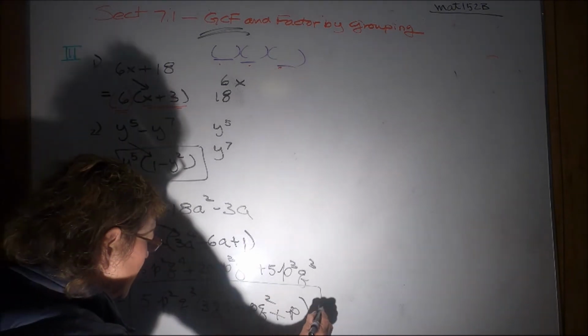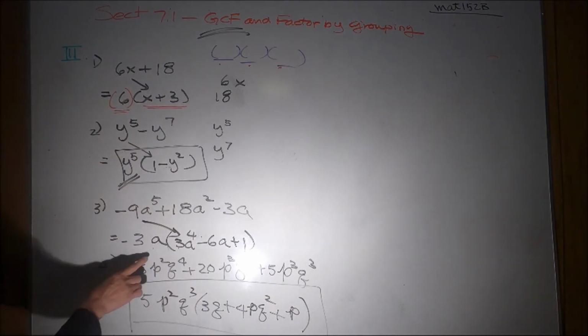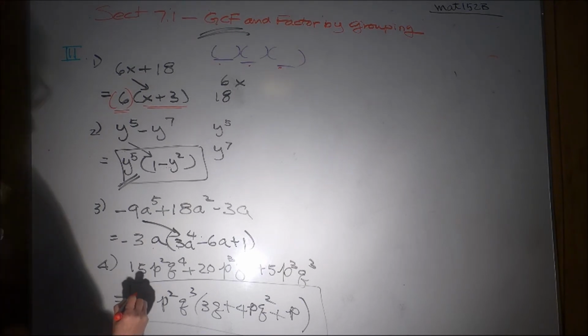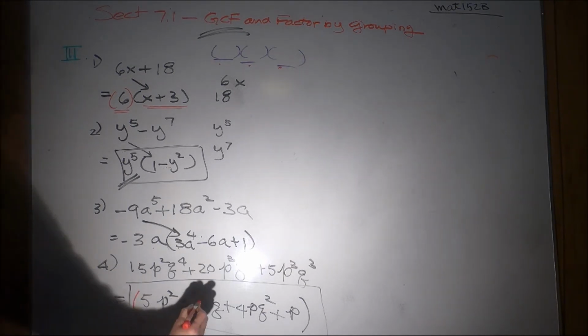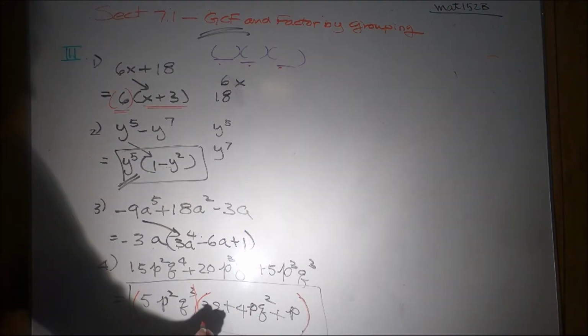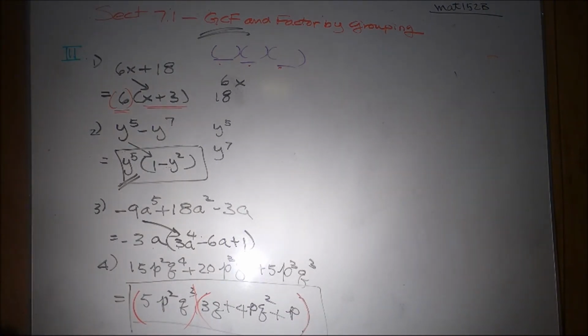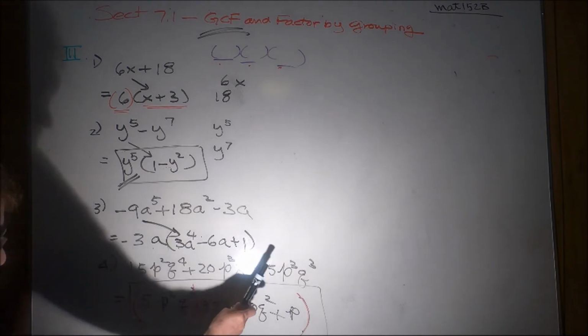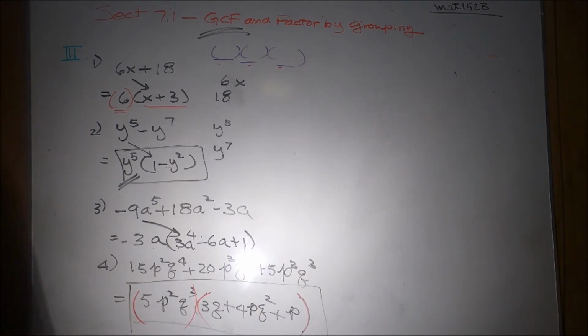So that will be your answer for this one. We call it factoring by GCF. You take the GCF out, and the remaining you put in the next parenthesis. So 1 term times 3 terms. Originally, you have 3 terms.